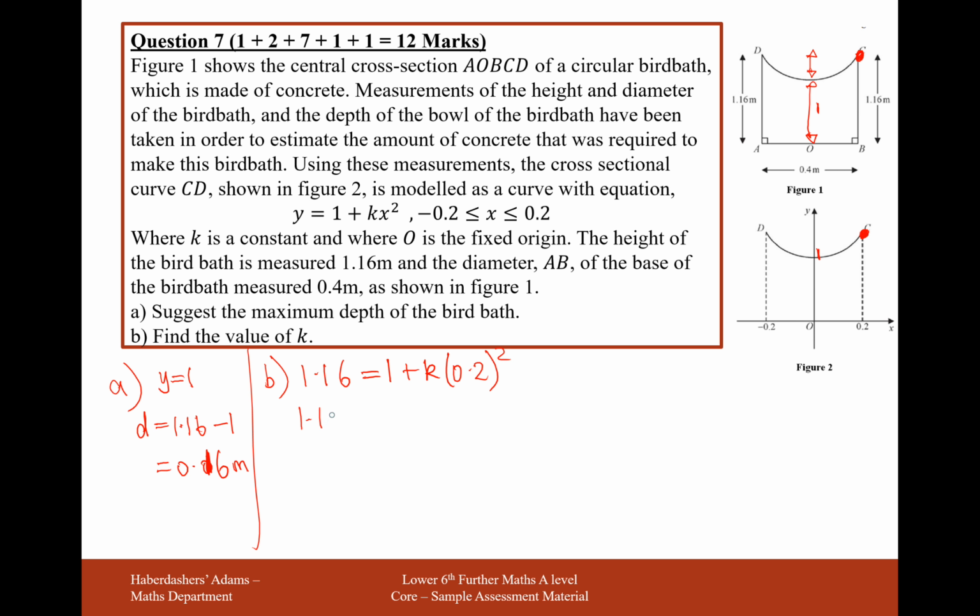So 1.16 equals 1 plus 0.04k. Take away your 1 from both sides, and you've got 0.04k. Divide through by your 0.04, and you get k is 4. So the equation that we're dealing with here now is 1 plus 4x squared.